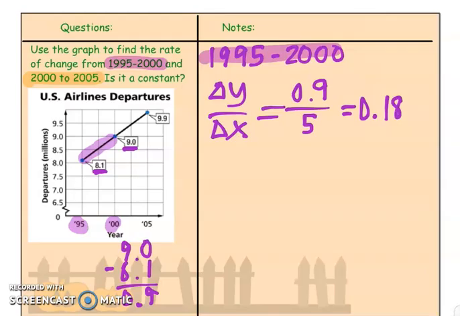Looking at my labels, we're talking about departures in the millions per year. So airline departures. So this is millions per year. So really, if that's millions, think about what millions looks like.